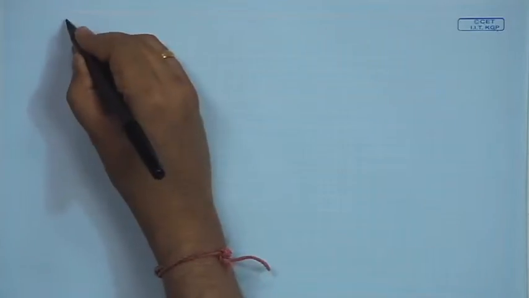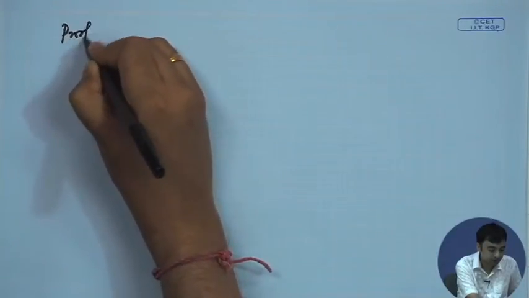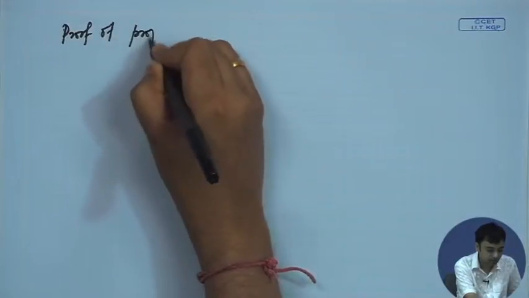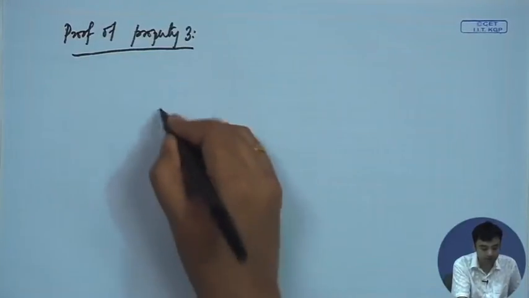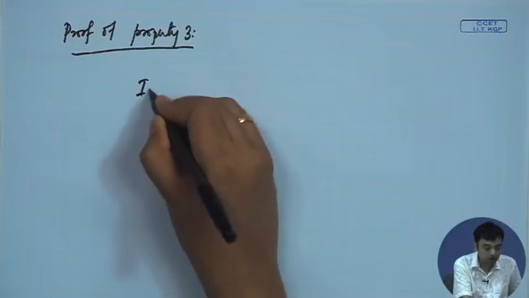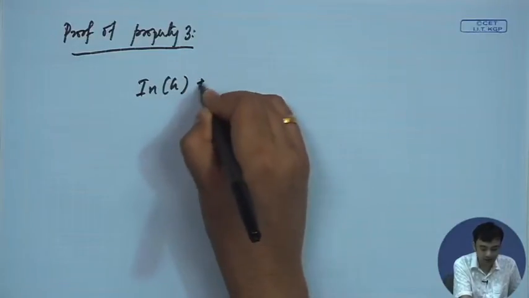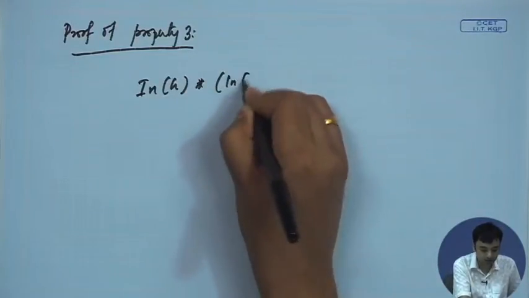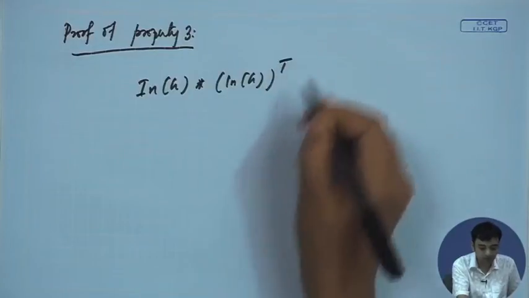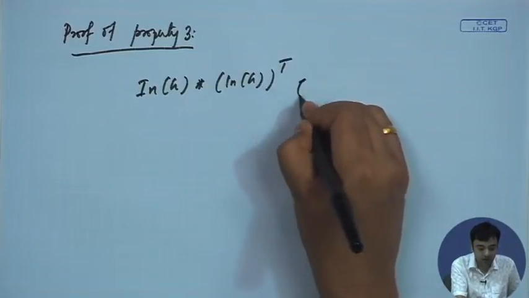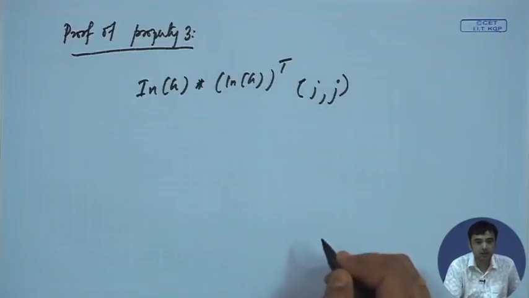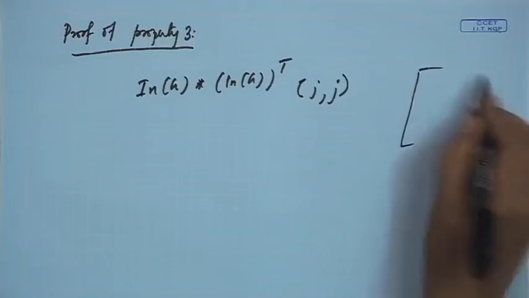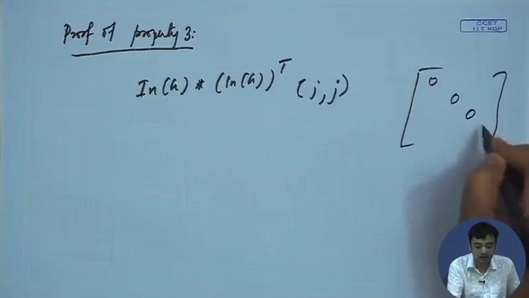So, proof of property 3. This is a very easy proof to see. Now assume the product of Ing and Ing transpose. If you are considering the cell jj, that is the cell on the diagonal, imagine the matrix, you are considering the diagonal values.